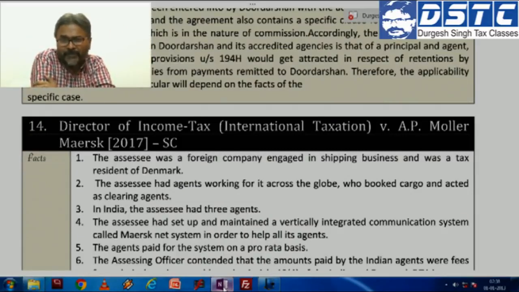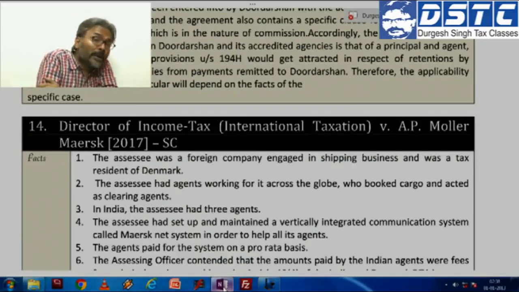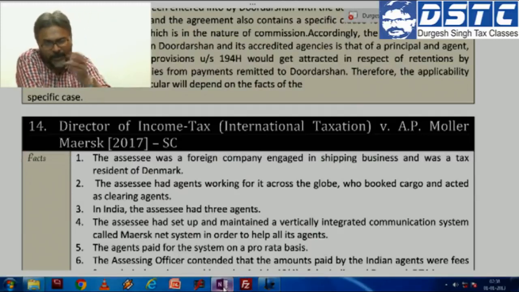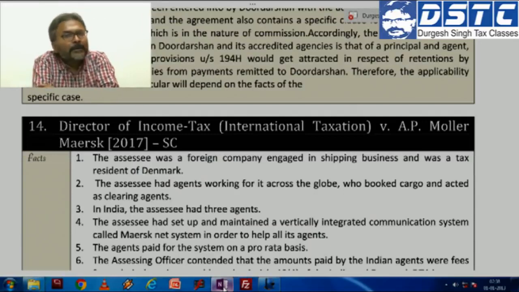So supposing I have to become an agent of that non-resident shipping company, then I have to ensure that the ERP system is also installed in my location. And who will install that ERP system? It is that non-resident, foreign company. That non-resident company has its own software service provider who comes to the agent's location to set up that ERP system. And accordingly, there is a huge amount of cost involved.